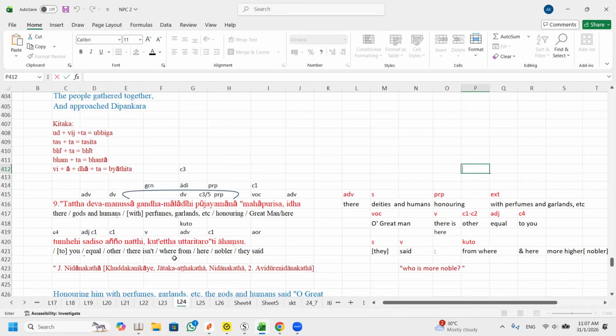But there's no other. Somehow the subject becomes the object, because in Pali, anyo means other. This is the subject, and then you say here, anyo natthi.